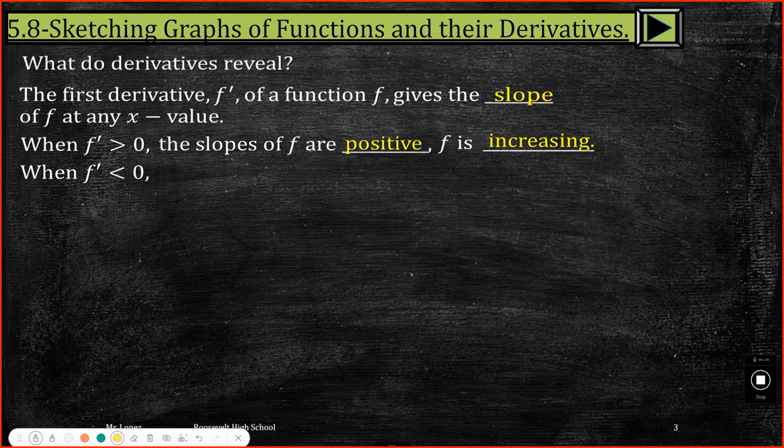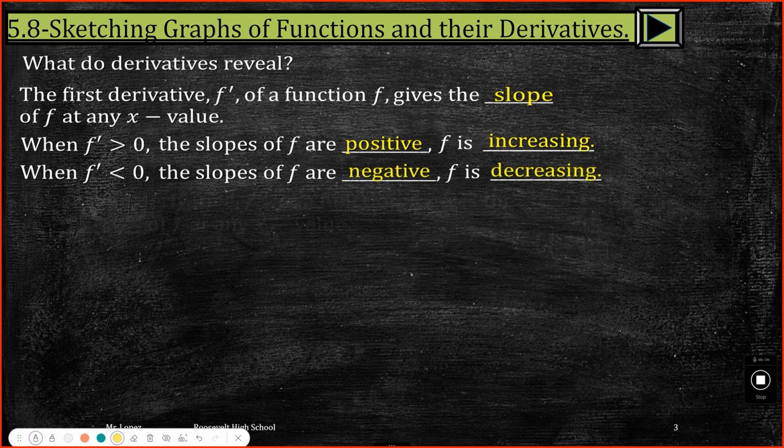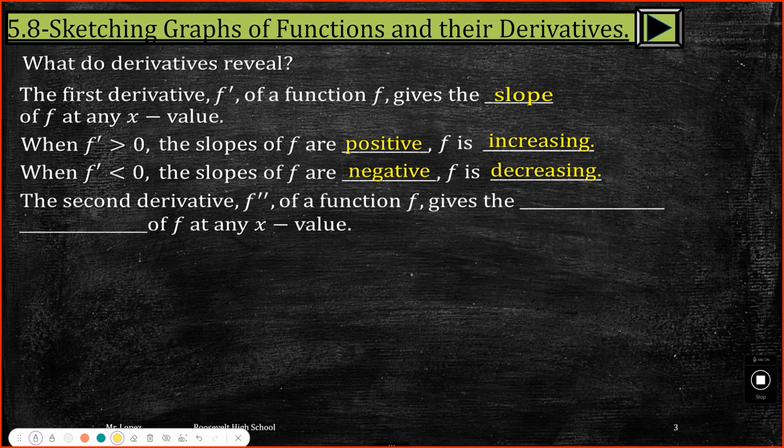When f prime is less than 0, the slopes of f are negative. f is decreasing. And the second derivative, f double prime, of a function f gives the what of f at any x value?